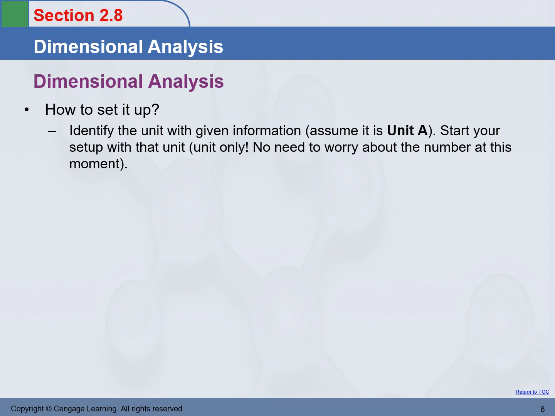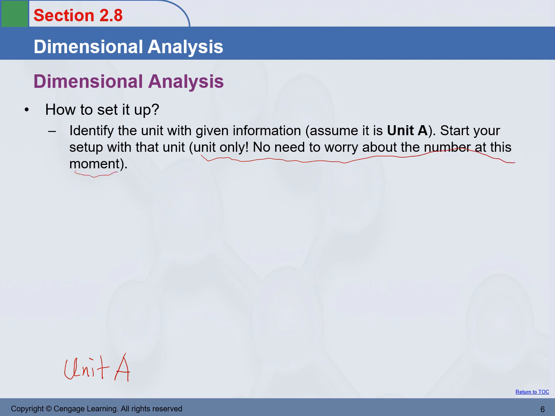Let's assume that unit with given information is unit A. Start your setup with that unit. Okay, let's put the unit with given information at the beginning. We don't know what it is yet, but let's call it unit A. It could be dollar, it could be pounds, whatever, but it's the unit with given information. It tells us unit only. Don't worry about the number at this moment.